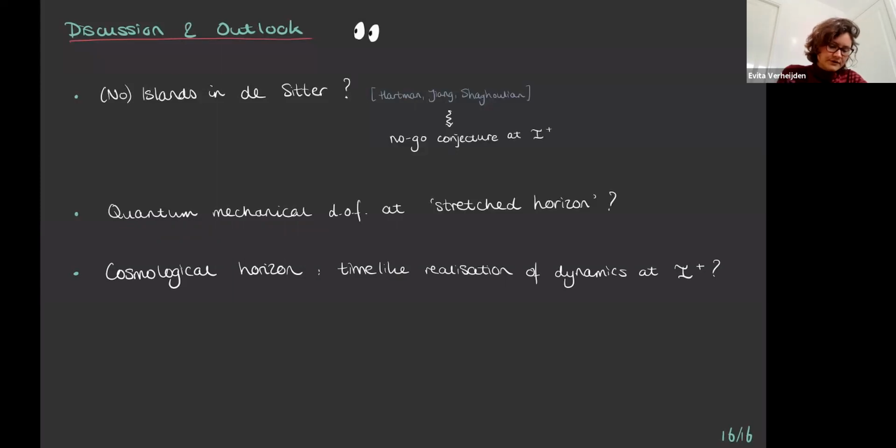But I think what we're seeing goes maybe even a bit further: this cosmological horizon, where the dynamics is in terms of static patch time t, is linked to the dynamics at future infinity in terms of this parameter u. So it seems like what we're seeing there is a time-like realization of the dynamics at future infinity. It will be interesting to see how far this connection can be pushed.